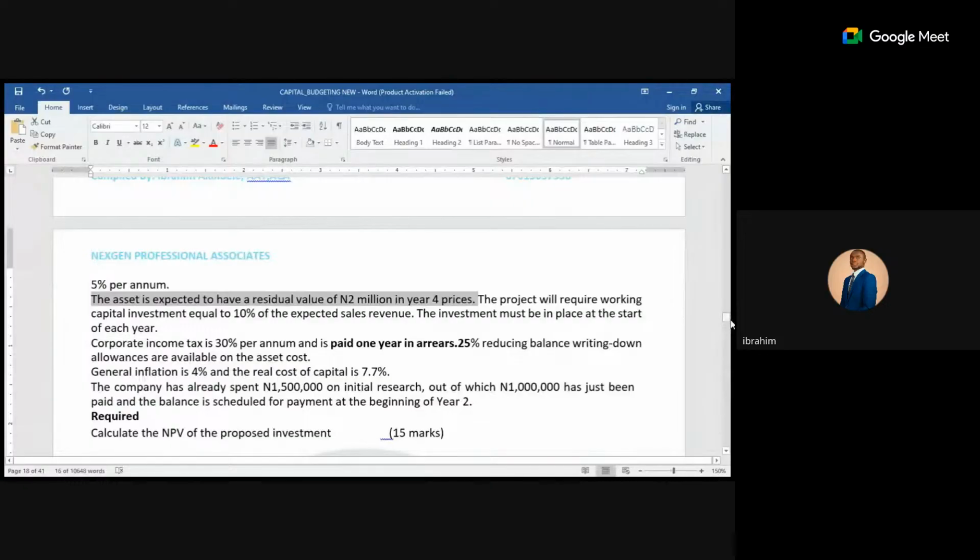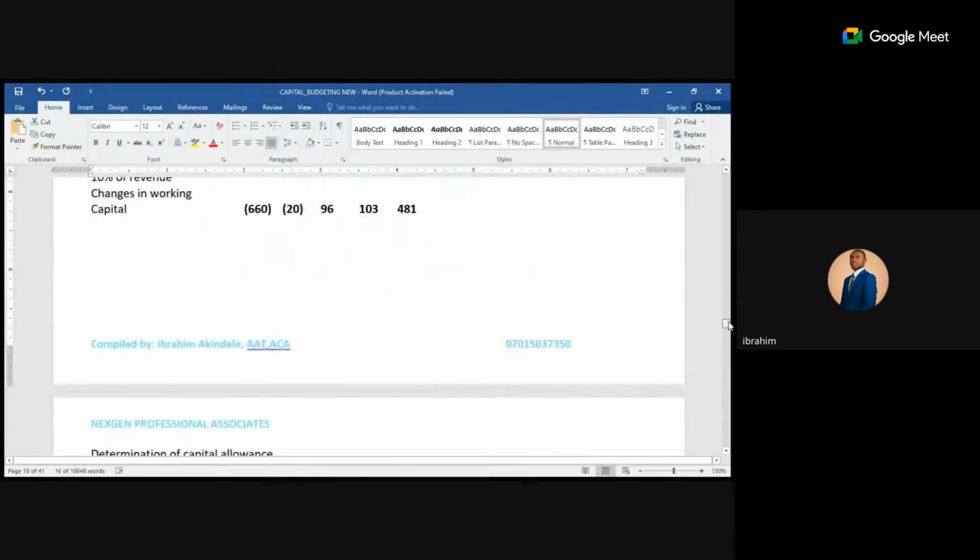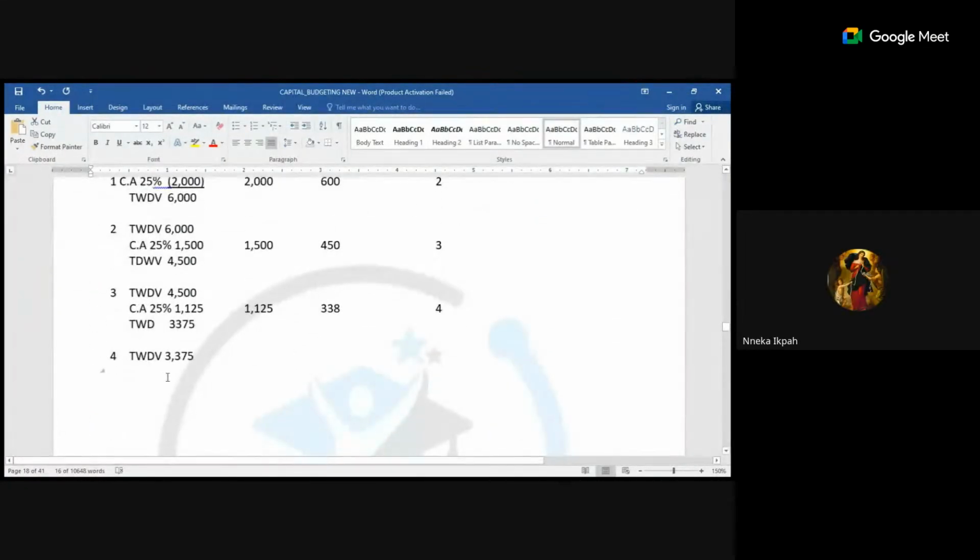Therefore, in the last year that they dispose of that asset, you don't need to charge capital allowance, but you have to test for it. Are you going to have balancing allowance or balancing charge?